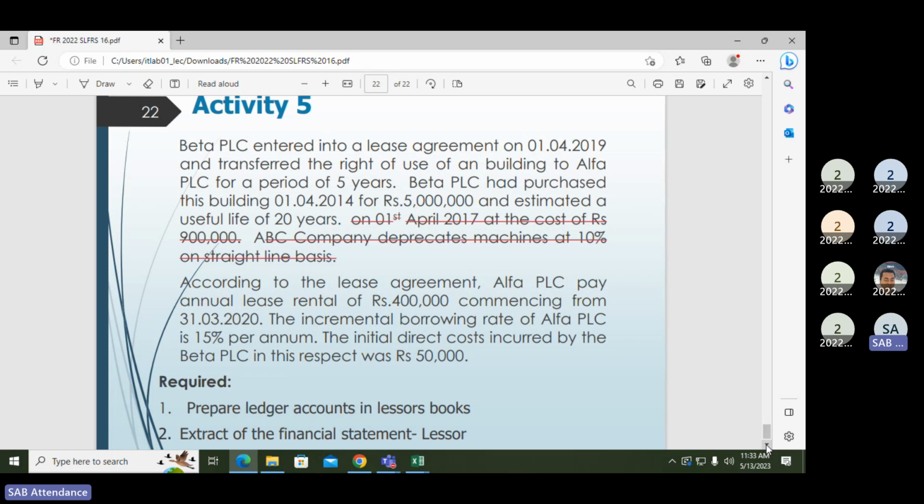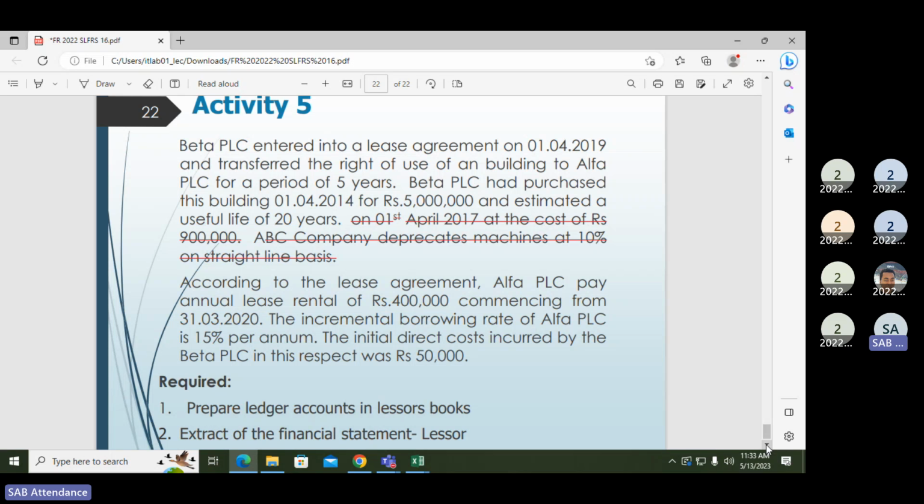According to the lease agreement, Alpha pays an annual lease rental of 400,000, commencing from 31st March 2020. The incremental borrowing rate of Alpha is 15% per annum.